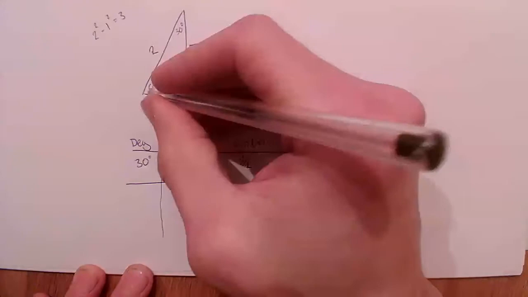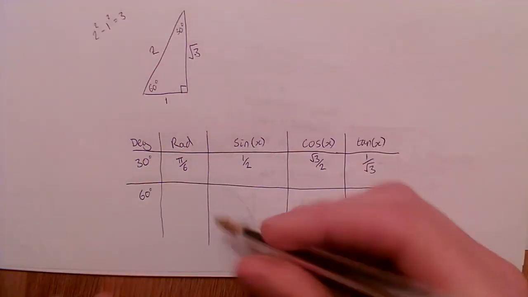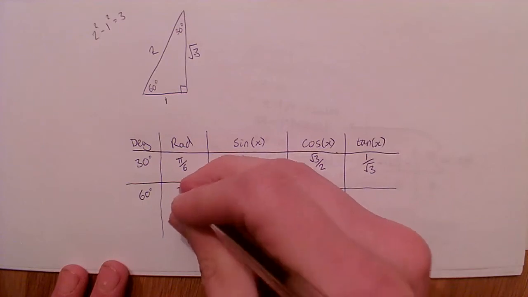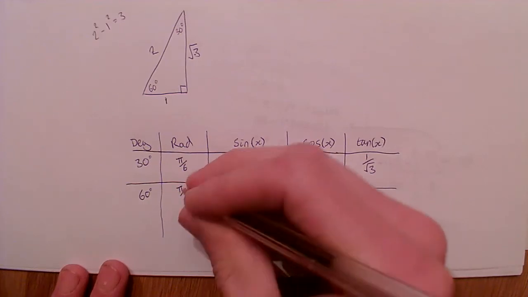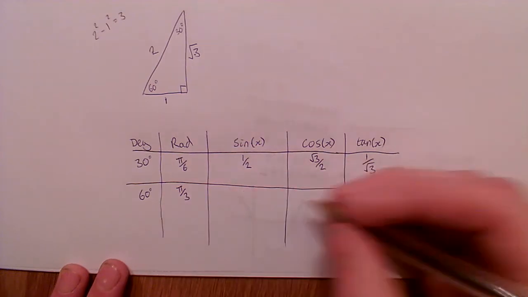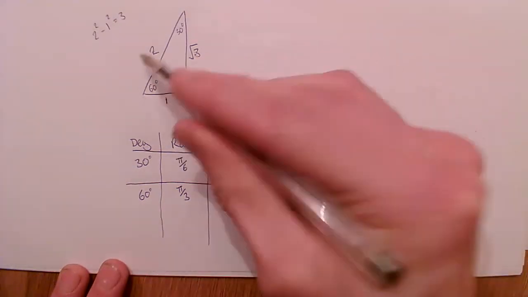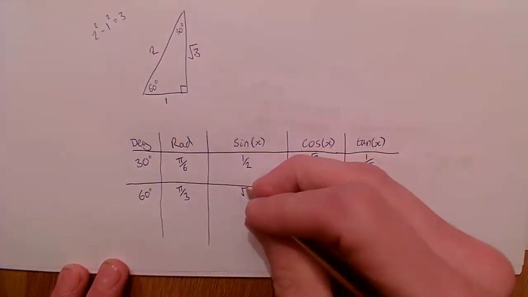Second row in our table, we're working with 60 degrees. If 180 degrees is pi, and I divide 180 by 3, I get 60. So pi over 3 is the same as 60 degrees. Sine of 60 is opposite over hypotenuse, so that is root 3 over 2.